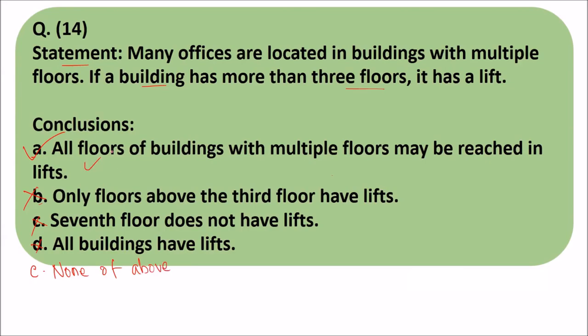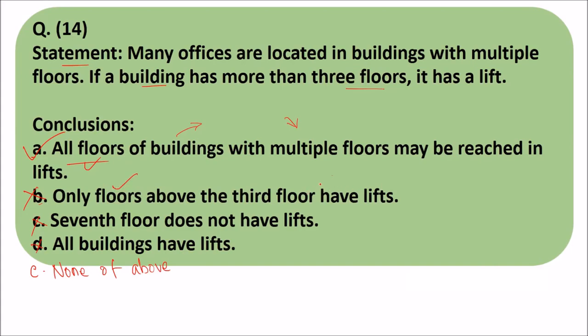Okay, all floors of buildings with multiple floors may be reached in lifts. What does this mean? That there are buildings, and the buildings have multiple floors, and these multiple floors may or may not be reached by lifts. That means the lift can go to all the floors or may not go to all the floors. Anything is a possibility. Here what they are saying in the other option is that only floors above the third floor have lifts. That means the lift will go only above the third floor.